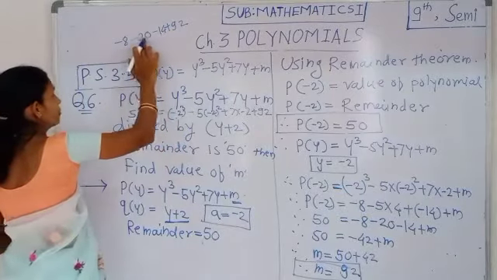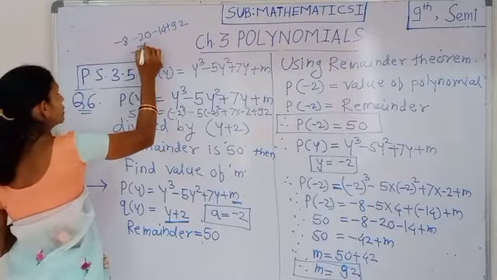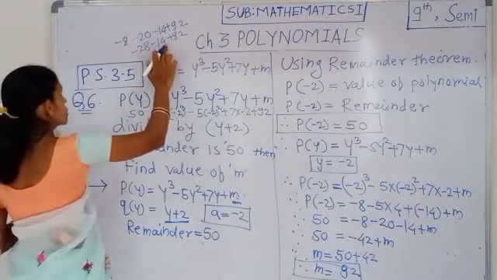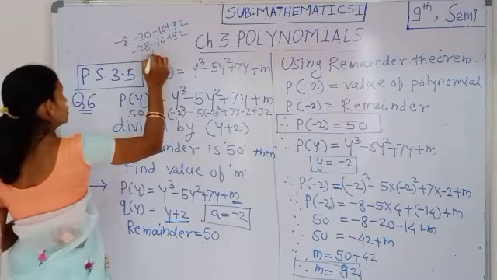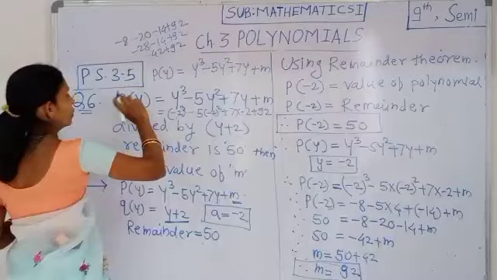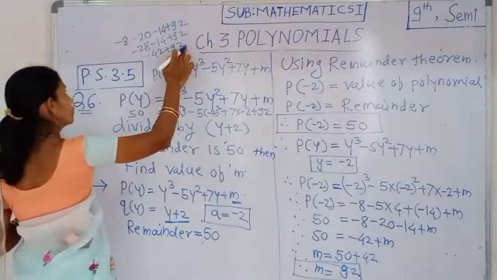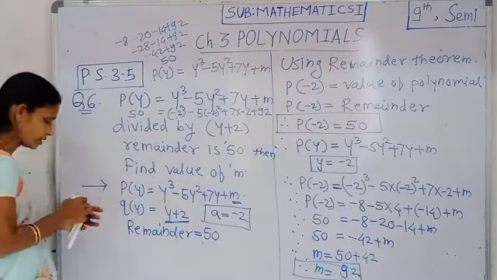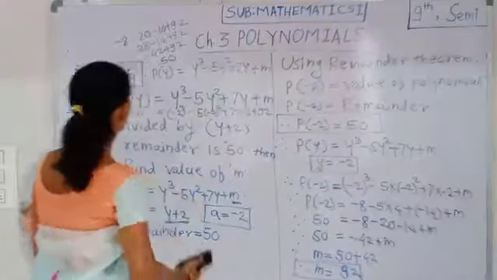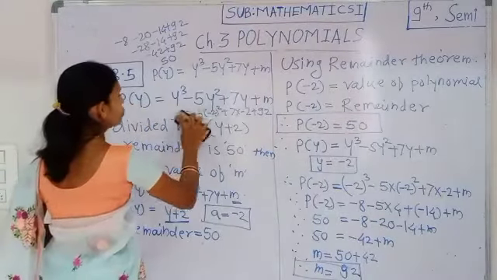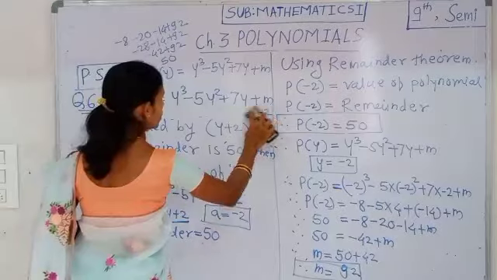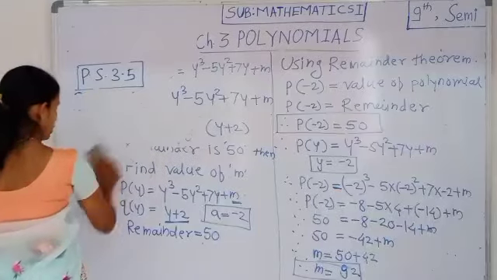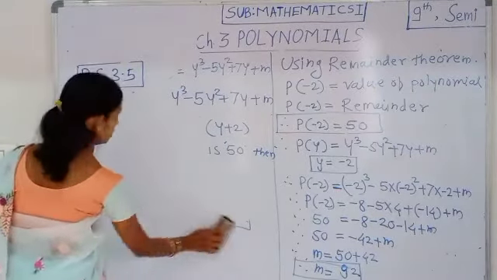Then minus 8 minus 20, minus 28, minus 14, that is minus 42 plus 92, that is 50. Therefore, here we get LHS equal to RHS. Therefore, our answer, that is m equal to 92, is correct.